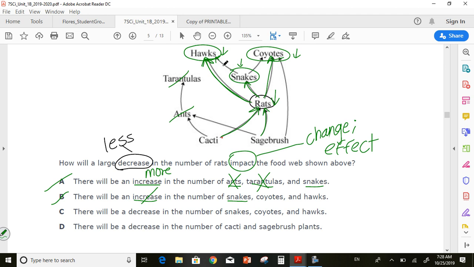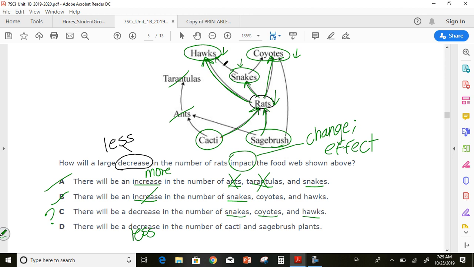There will be a decrease, there will be less of the number of snakes, coyotes, and hawks. That's a question mark because that seems like the best choice. Letter D, there will be a decrease in the number of cacti and sagebrush.